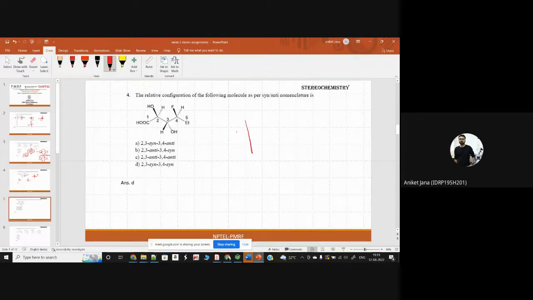Let's first convert it to the Fischer projection, right? Then it will be easy for us to understand.